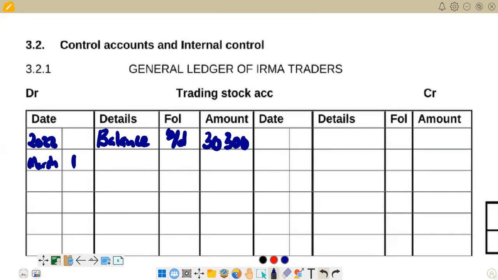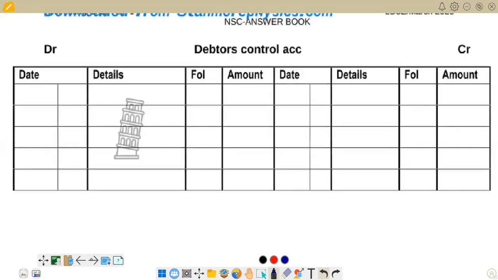And also we have got the next account, which is the debtors control account. And we are also given the opening balance there. We saw that it was 15,800. So debtors control again, it's an asset, so it has got a normal balance BT on the debit side. So we are going to have our balance here on the debit again.